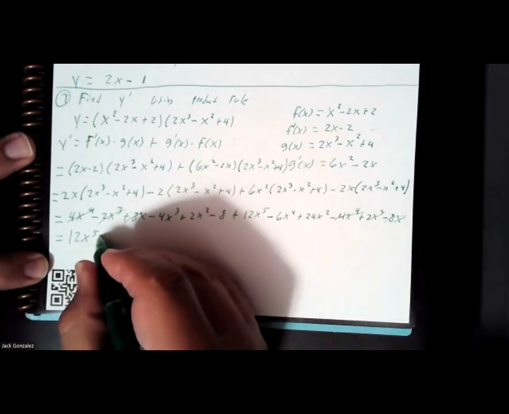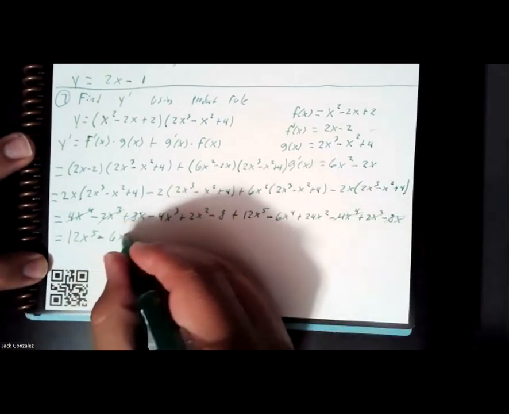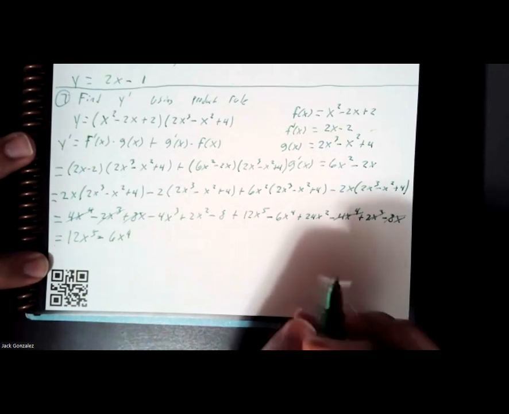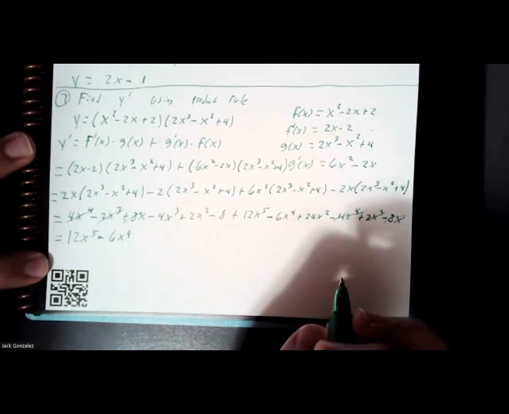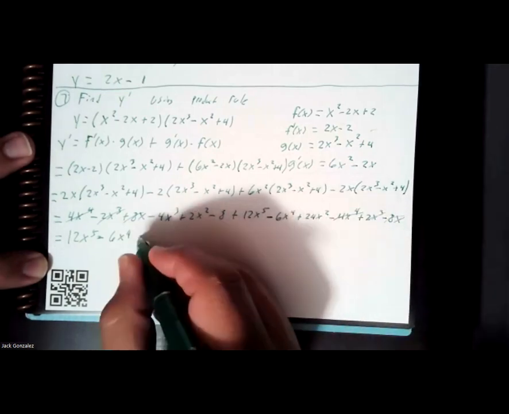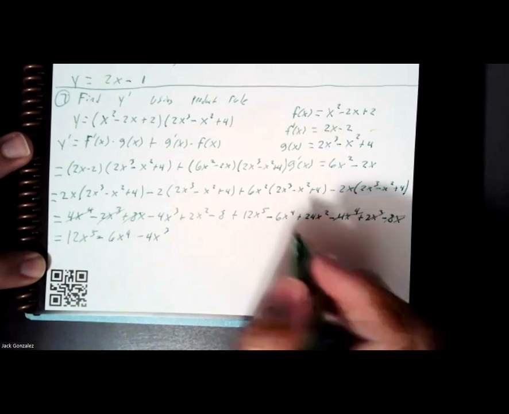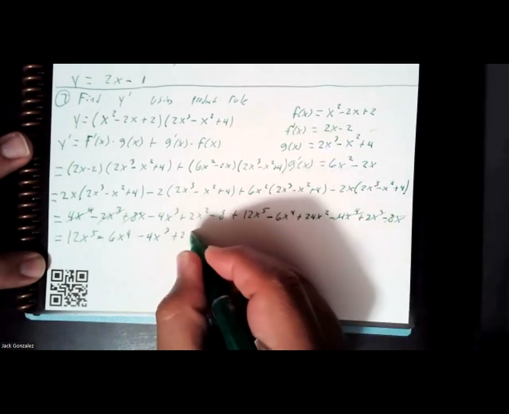The next biggest, 6x to the fourth. Cube, 2 and 2 squared. Okay.